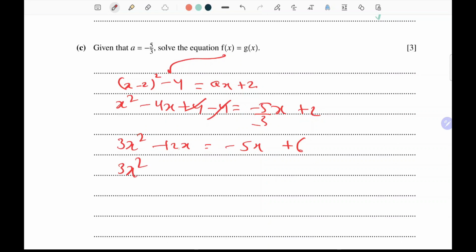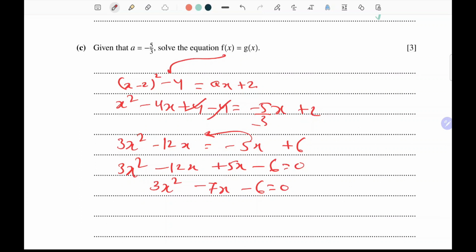Okay, 3x squared minus 12x, and the 5x will come to the left side, and that will be plus 5x, and the 6 you have to take to the left side. So 3x square minus 7x minus 6 equals 0, right?